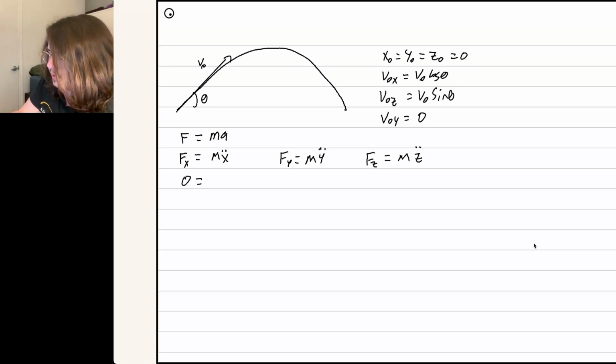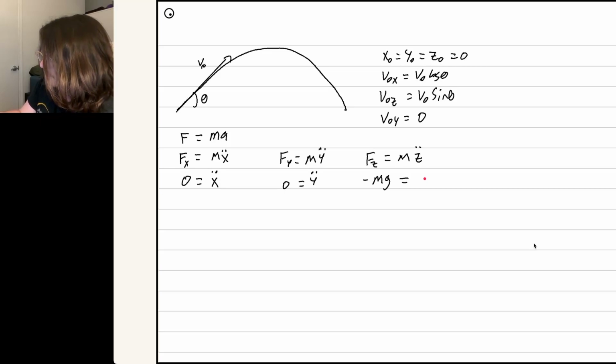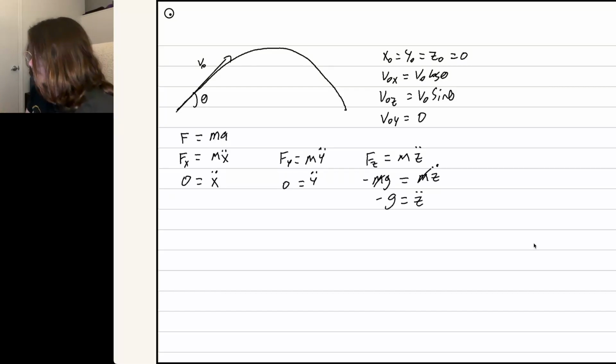So you're going to find that x double dot is 0, y double dot is 0, and z double dot is minus mg, which is equal to m z double dot. You can cancel out the m's, get minus g is equal to z double dot.